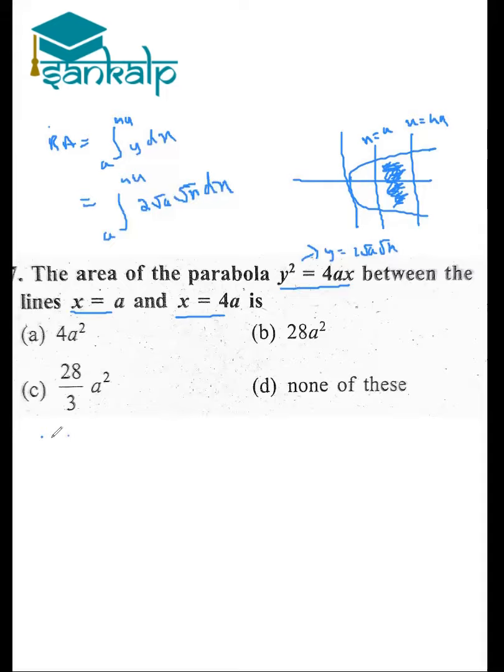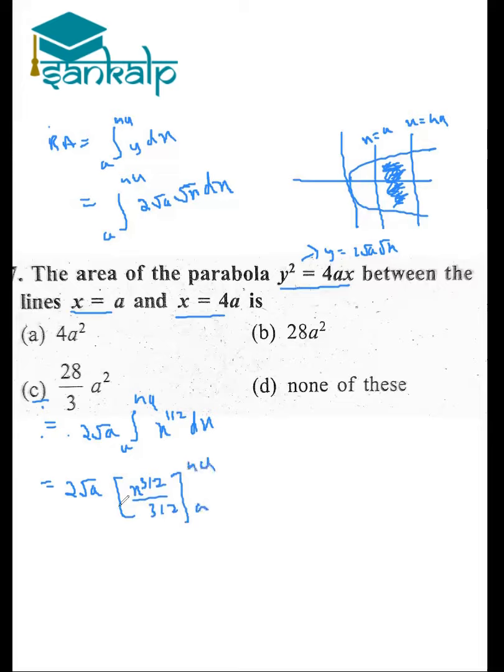2 root a is a constant, so write it outside, and the integral of x raised to 1 by 2 dx. So 2 root a times x raised to 3 by 2 upon 3 by 2, from a to 4a.